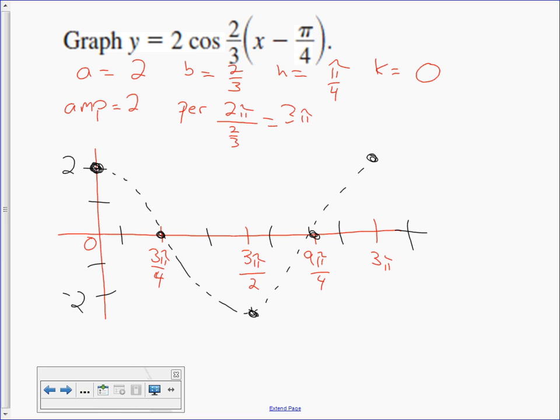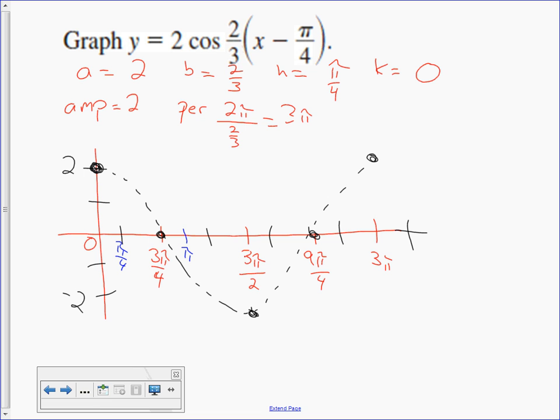Okay? We have to be able to identify our new spots that are going to happen. So when I shift it from 0 to the right, pi over 4, what's this then? It's pi over 4. When I shift this point to the right, pi over 4, what do you get? When I shift this to the right, pi over 4, what do I get?